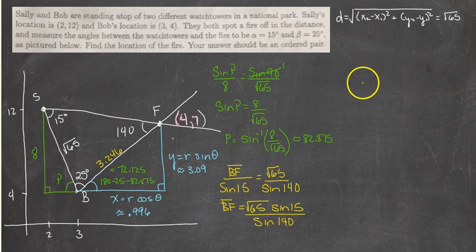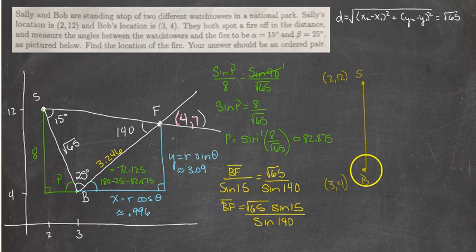Now let's do that logic check just to be sure that this really does make sense. So if I draw Sally and Bob, and I've put them in the vertical because they're looking at each other and a fire, they're not really on a Cartesian plane, so the angle doesn't matter. And Sally, I know, is at 2, 12. And Bob, I know, is at 3, 4.